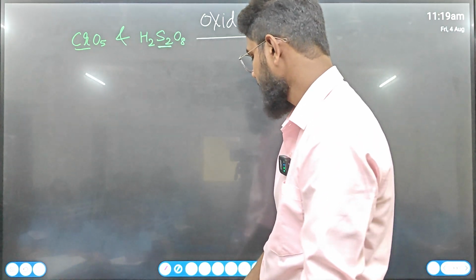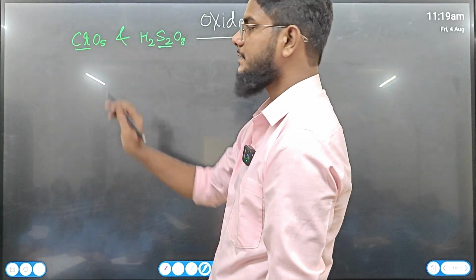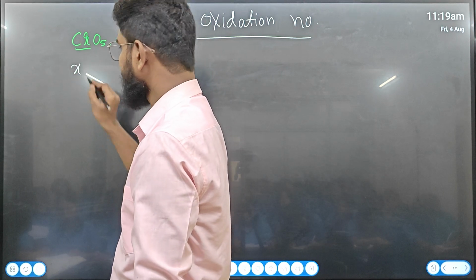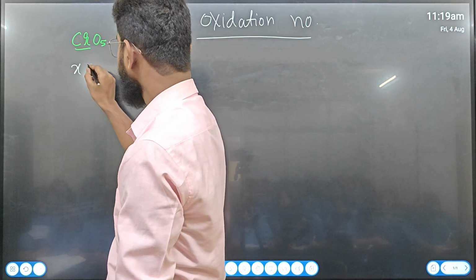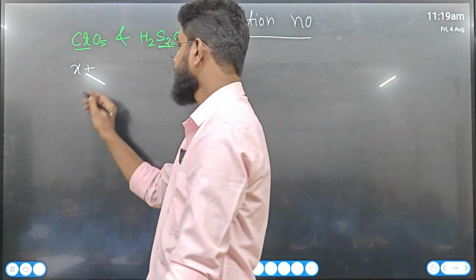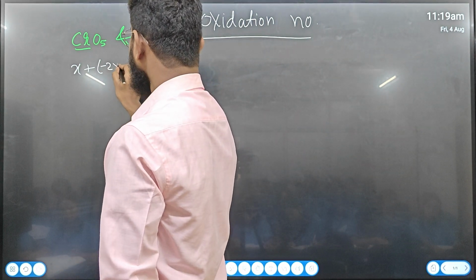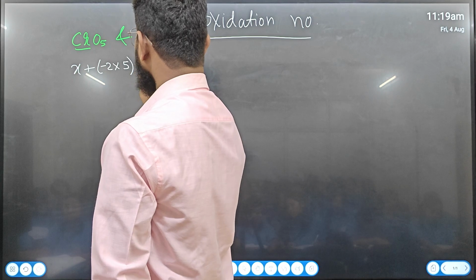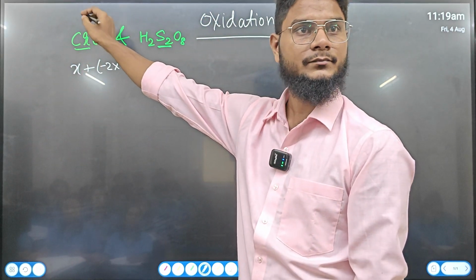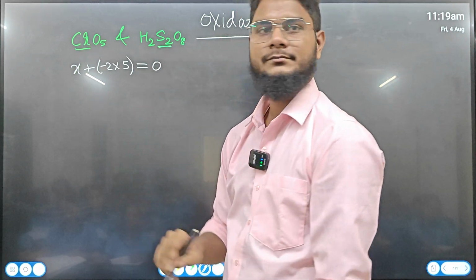You have to find the oxidation state of CrO5. Let's suppose it is X plus oxygen charge -2 times 5 is equal to, is there any charge on this molecule? No, so it will be 0.